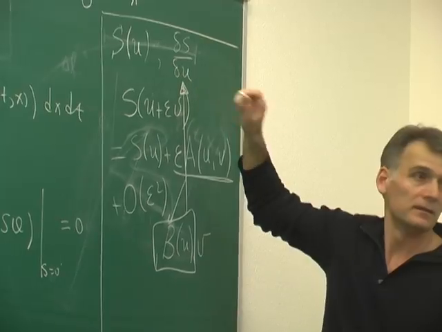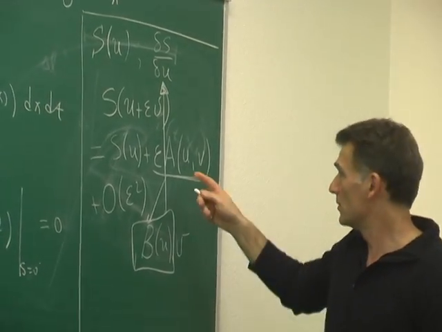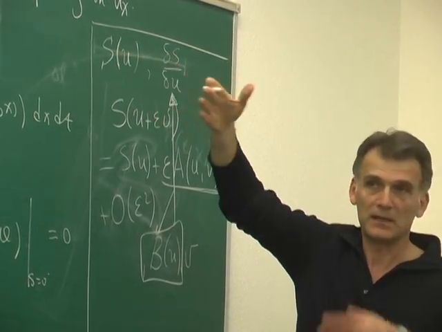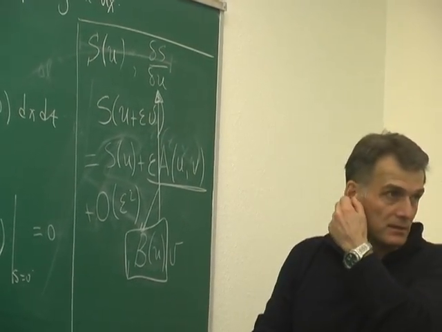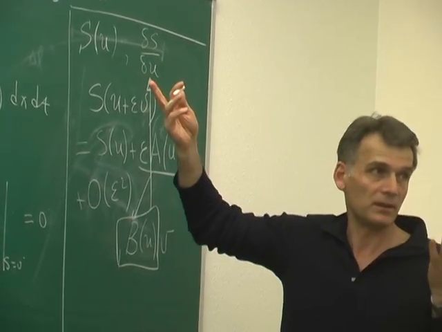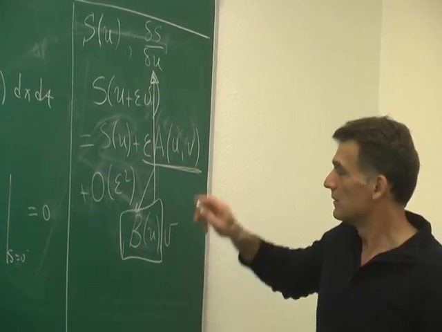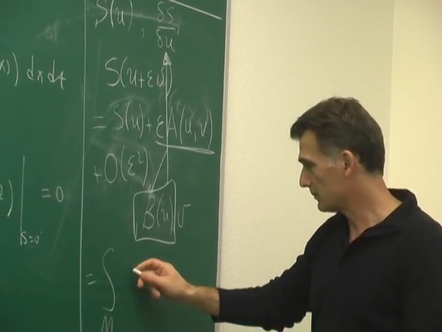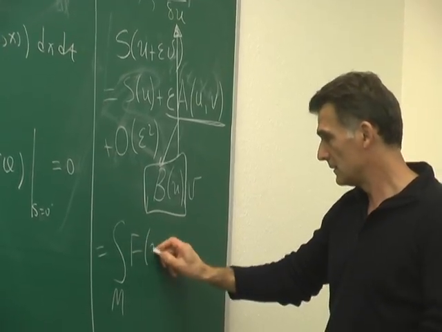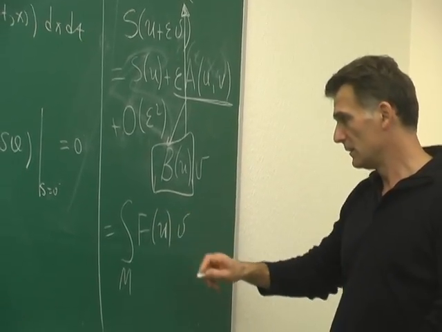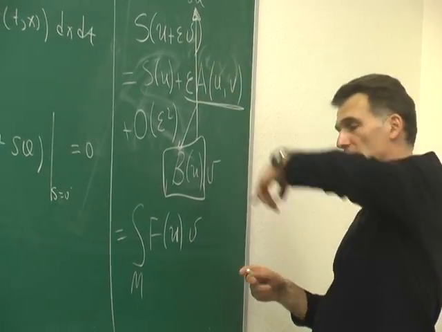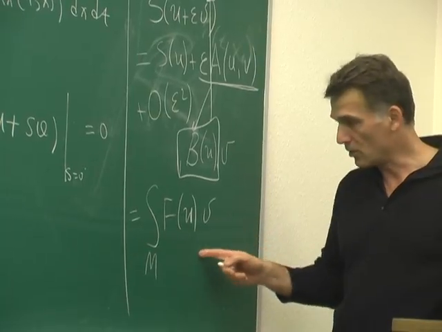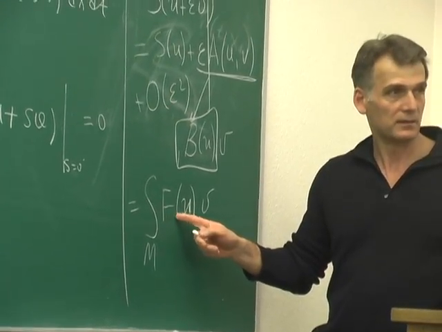And this operator is the variational derivative. Usually, if this is a local functional, local meaning the integral of something, then you'll get an integral of something times V. When you do this calculation, you'll get a bunch of derivatives on V, and then by integration by parts you bring all of them onto the other factor.